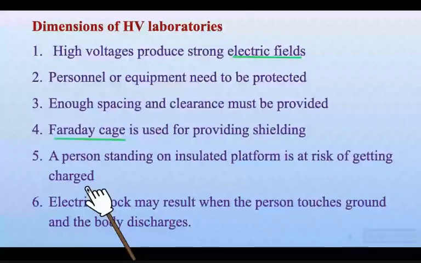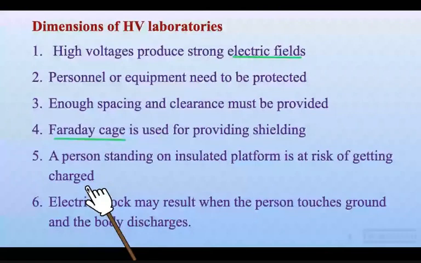We'll come across some equations at a later stage which will tell us that a person has got certain capacitance with respect to ground, who is standing, let us say, 1 foot or 2 feet above the ground on some insulated platform, maybe a wooden stand or some kind of a dais, podium.